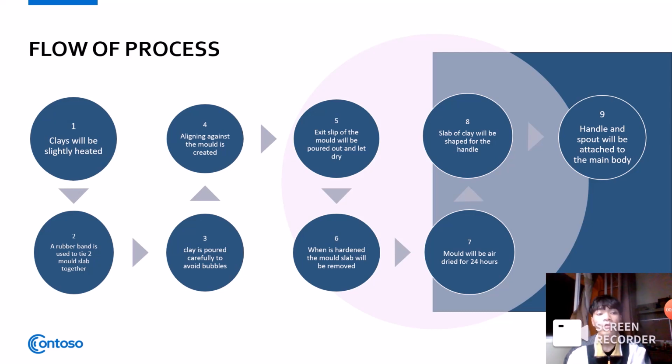So for the flow of process, there are 9 processes of manufacturing teapot. First, glaze will be slightly heated, and then a rubber band is used to tie 2 mold slabs together. Next, clay is poured carefully to avoid bubbles, so that step 4 could be started, which is lining against the mold creation.